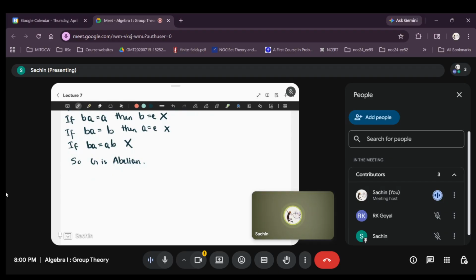BA cannot be equal to E, A, B, or AB from the assumptions, which would mean that BA is not in the group. But that's not possible if G is a group and A and B are elements in G, BA must be in the group. So the assumption that G is not abelian must have been false. So G is abelian.